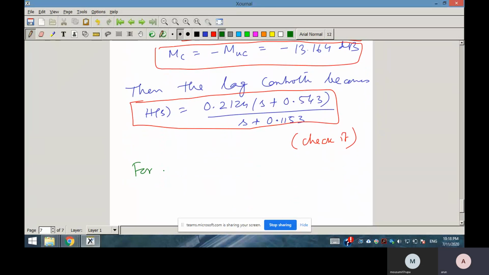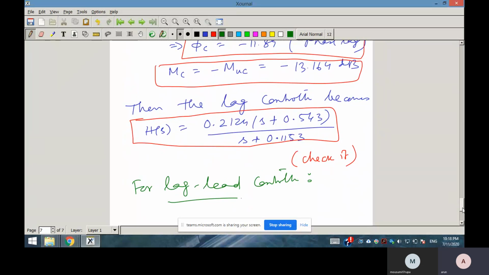So for lag lead controller, how will you design and what is the frequency we will choose? For lag lead controller design, what is the condition? We want to provide phase lead and gain attenuation.